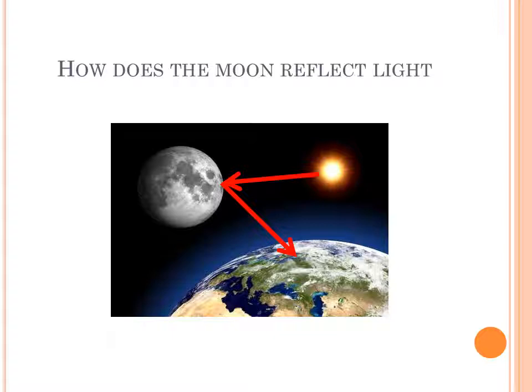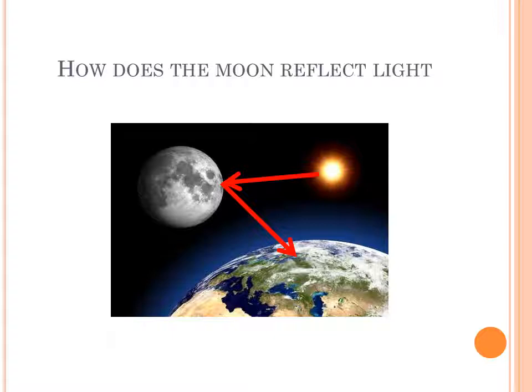Let's see here. As I already told in our previous slide, when it is dark and we have a full moon, the moon looks as if it is glowing, as if it is producing its own light, but that is not the case. The moon is very near to us, and the light from the sun is reflected on the moon, and we on the earth observe that.